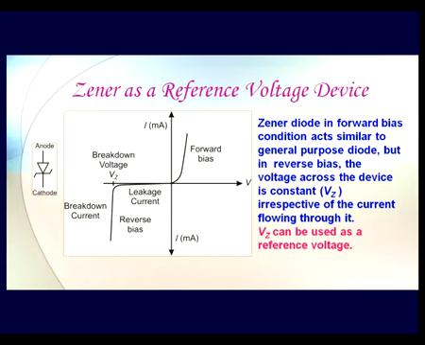So when we apply a forward bias to this diode, it just operates like our normal rectifier diode. It will have this forward bias characteristic, which is exactly the same as any other normal diode.